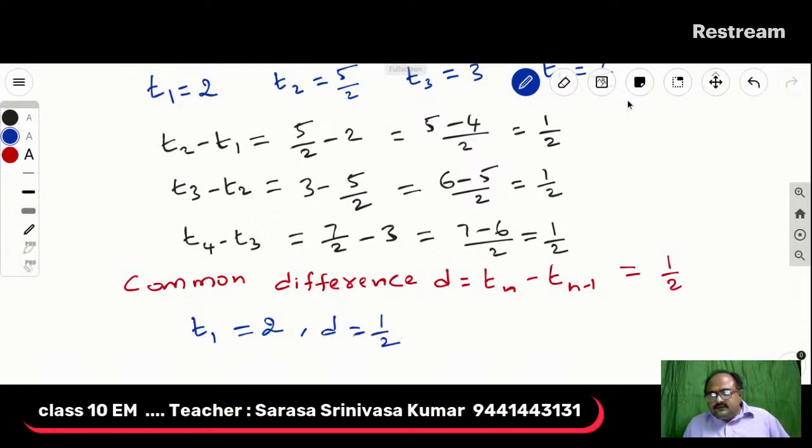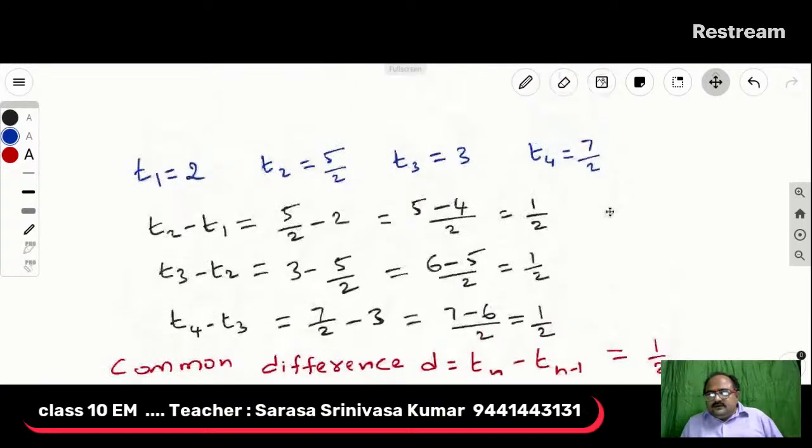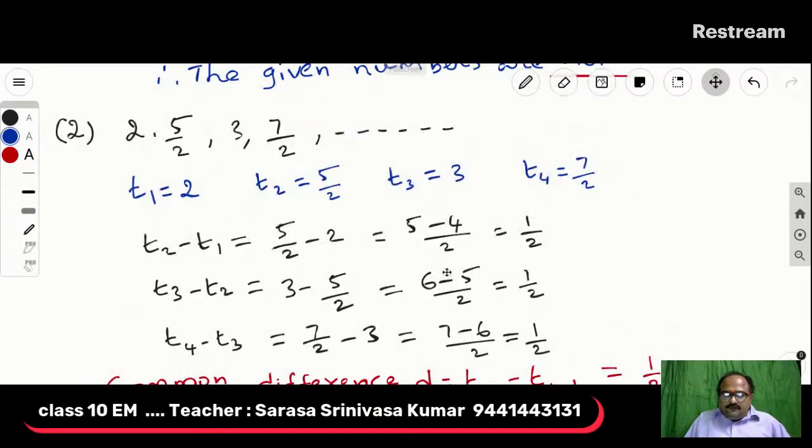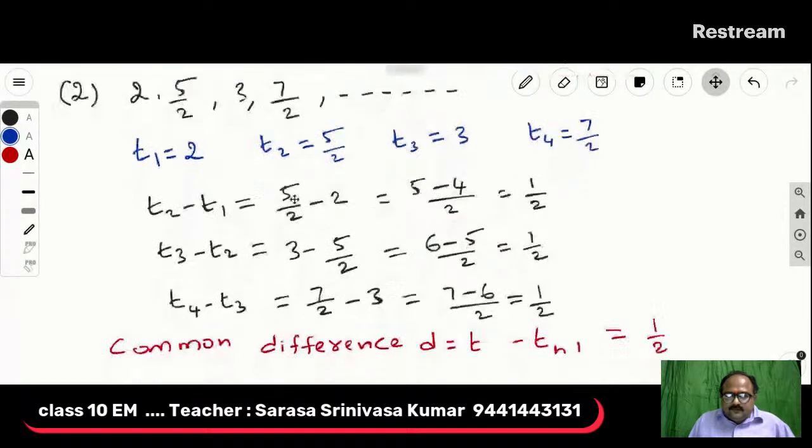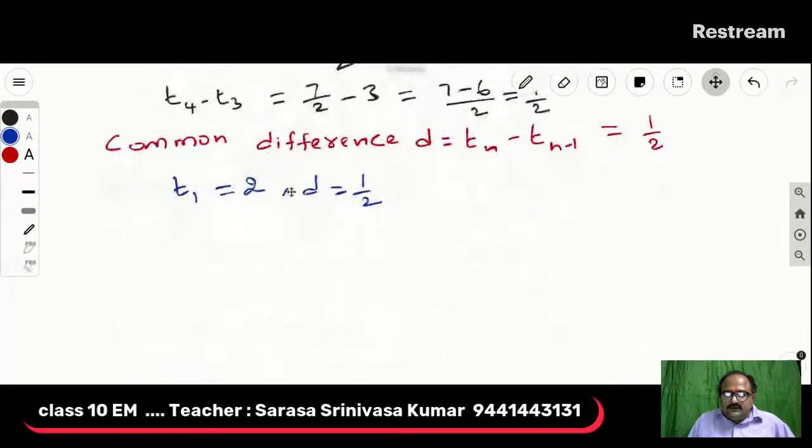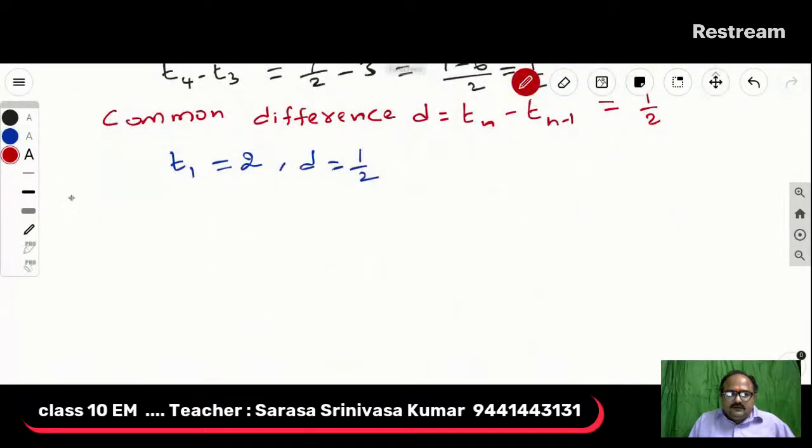To find three more terms, they have given T4, so we should find T5, T6, T7. We should find T5. Now n equals 5.